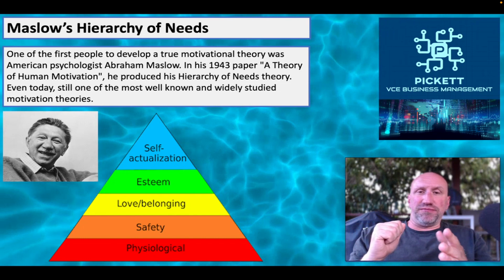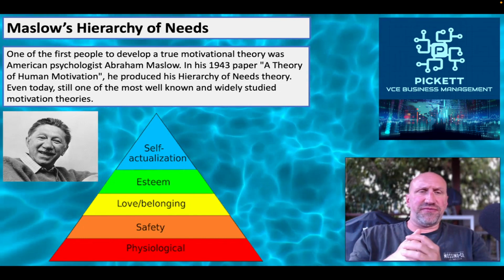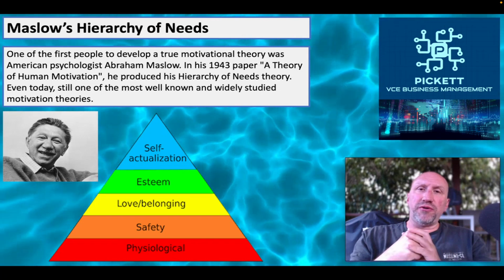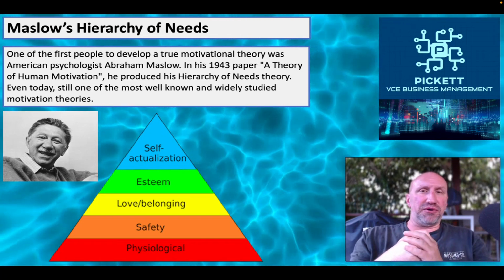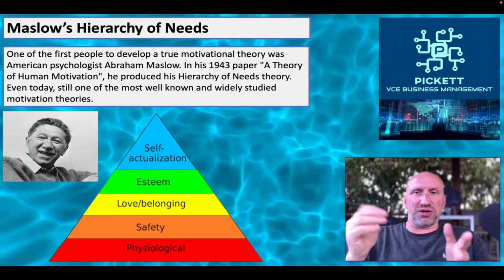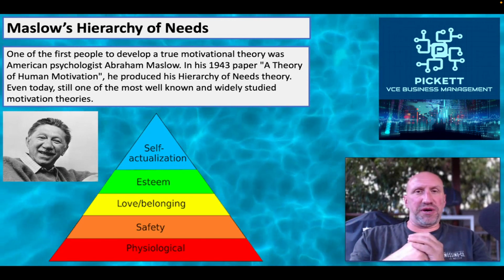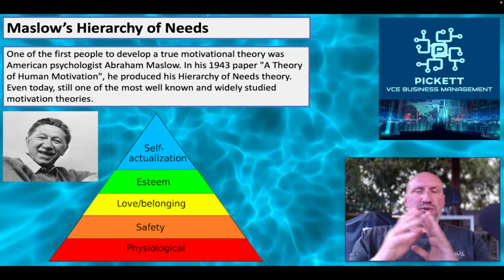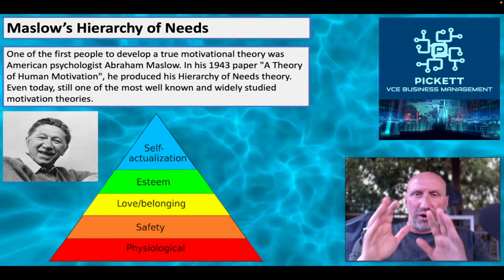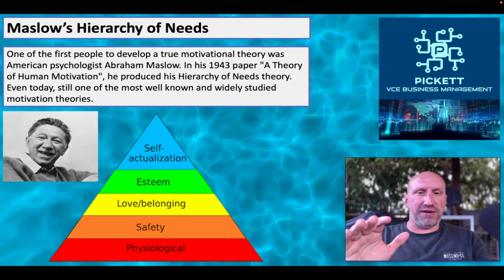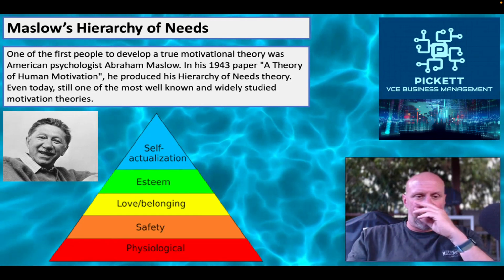Even today, 80 years later, if my maths is correct, still one of the most well-known and widely studied motivation theories. If you go on to uni and do any kind of business course, you're always going to do some stuff on motivation. You'll definitely touch on this one. So this is probably the most well-known, widely studied motivation theory that has ever been. And it looks like this.